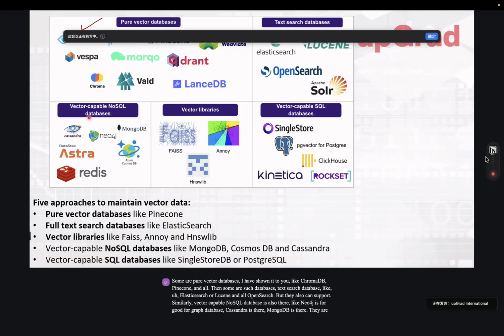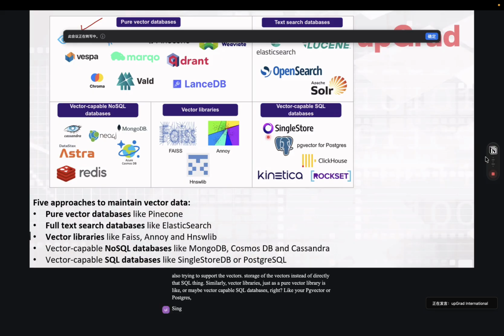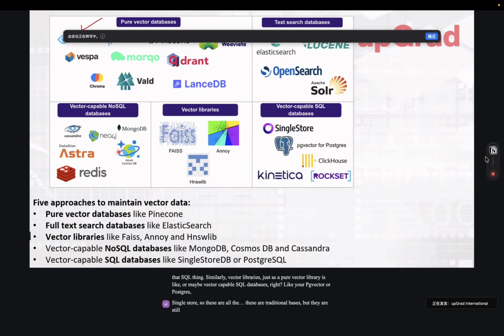They are also trying to support storing vectors instead of only the traditional data. Similarly, there are pure vector libraries like FAISS, or vector-capable SQL databases, like your pgvector for Postgres, and SingleStore. These are all traditional databases, but they are still getting support for vectors.